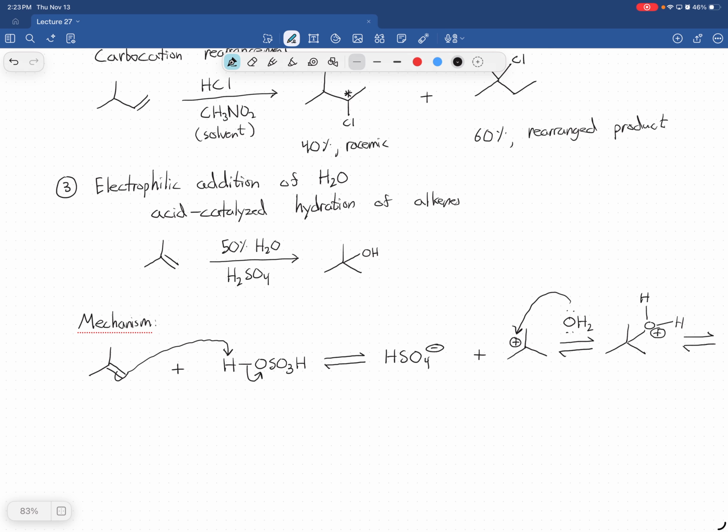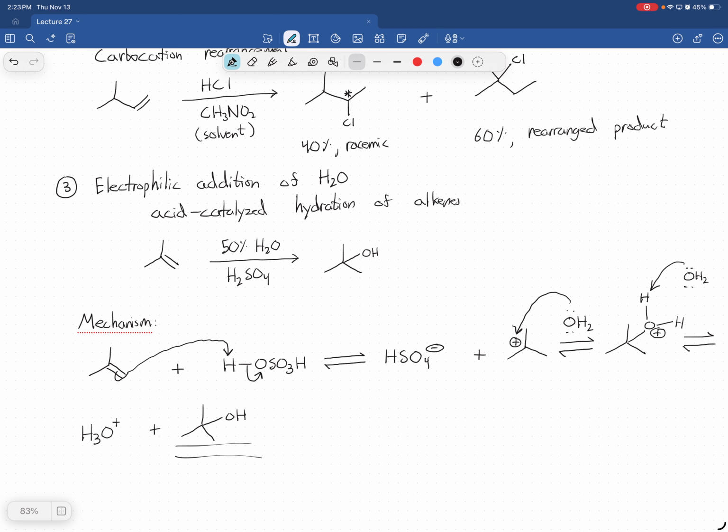It doesn't matter. I'm going to show water this time. And what we get here is H3O+. So my acid has been regenerated to go again. And that's good for chemistry because you can recycle the acid, hopefully. Hopefully it doesn't degrade. And you get the alcohol as your final product there.